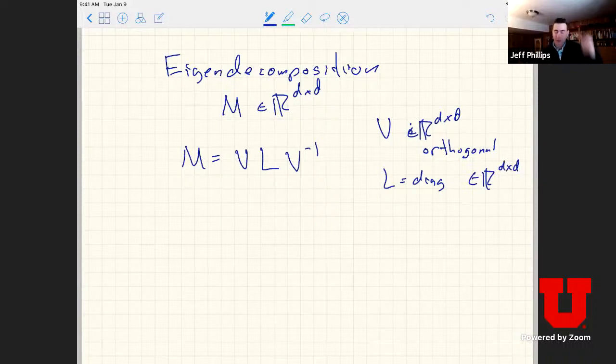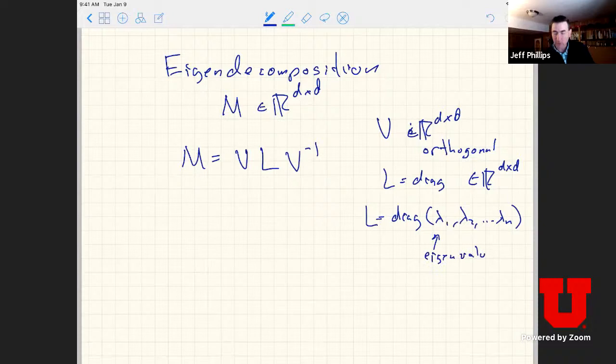In fact, L is the diagonal of lambda 1, lambda 2, up to lambda n, where these are the eigenvalues. And I can put zeros in them in case they aren't actually defined.